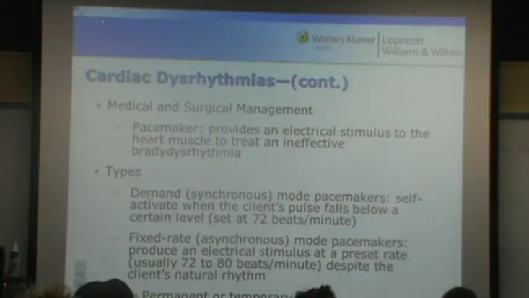Pacemakers can be permanent or temporary. For example, when patients have bypass surgery done, they have a temporary pacemaker that is inserted. The wires still come out, and it's actually strapped to the outside of their chest.